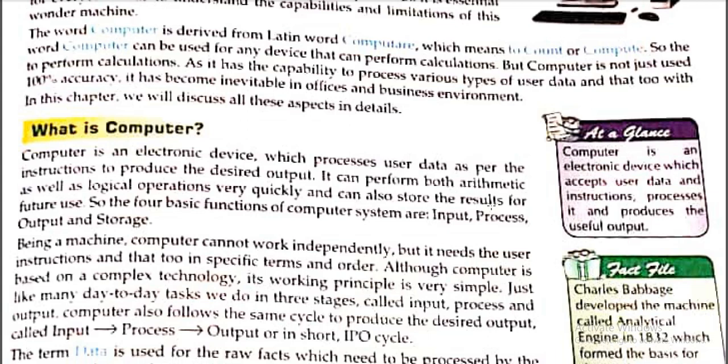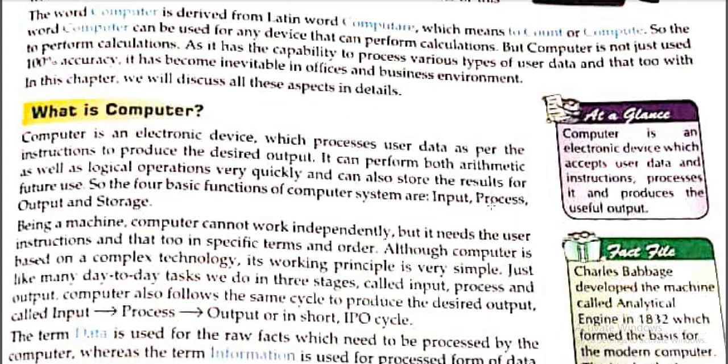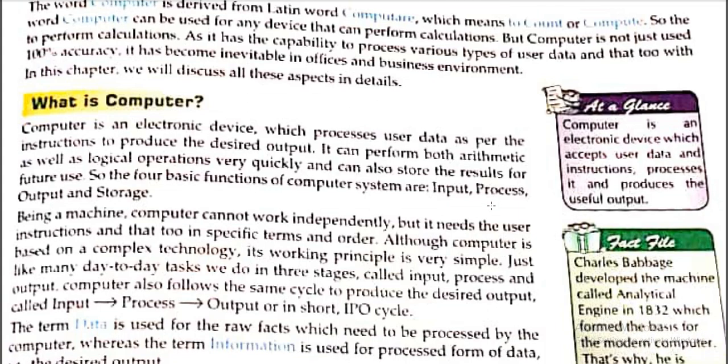That means a computer is an electronic device which takes instruction from the user and gives output according to their choice. That means the result, the output, will be according to the client. It can perform both arithmetic as well as logical operations very quickly, and can also store the result for future use.